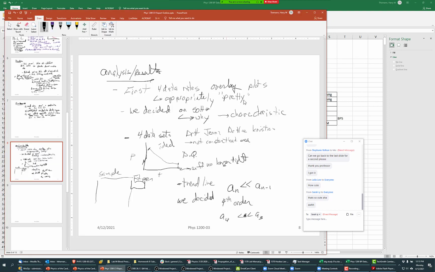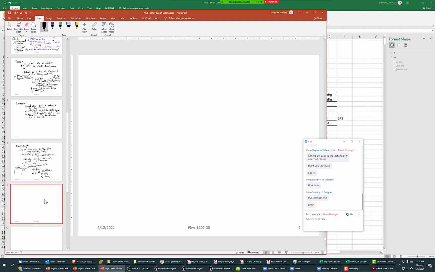Right. Okay, so we decided on a fourth order. Then the parameters, the coefficients, 4, 3, 2, 1, 0.